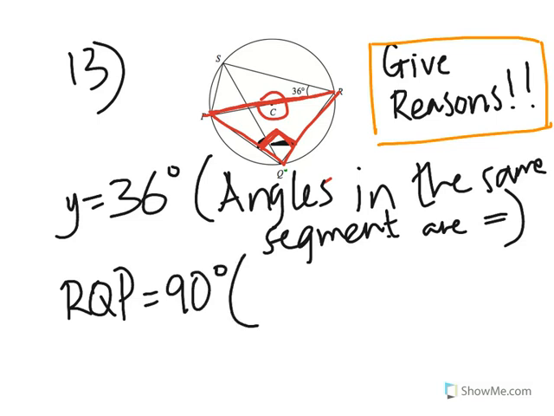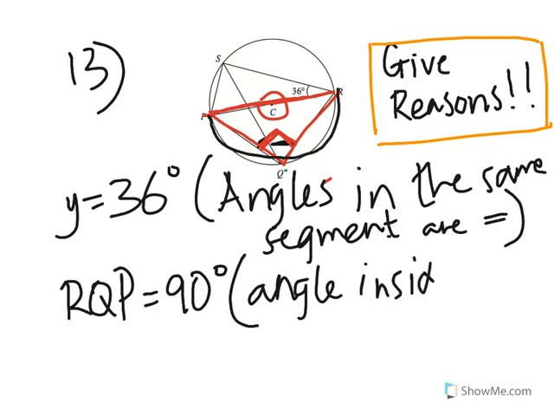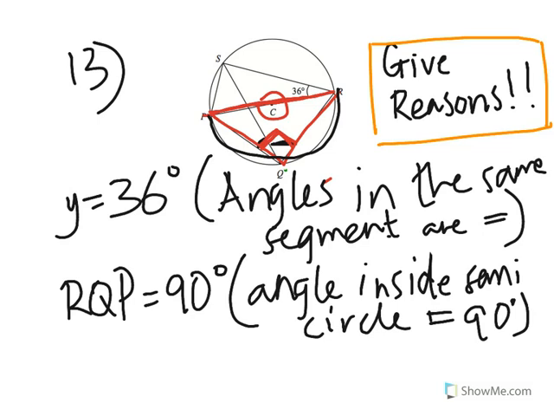And you can say this because this is a whole semicircle, so the angle inside a semicircle is equal to 90 degrees.